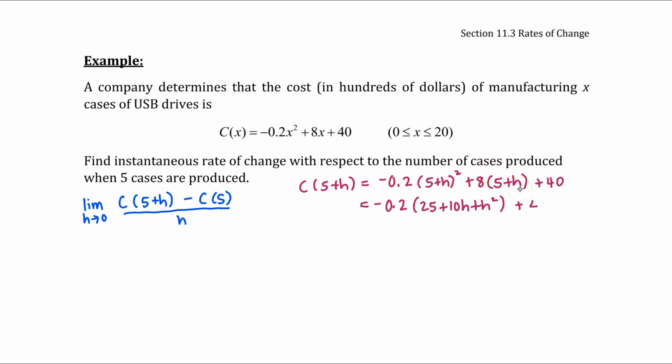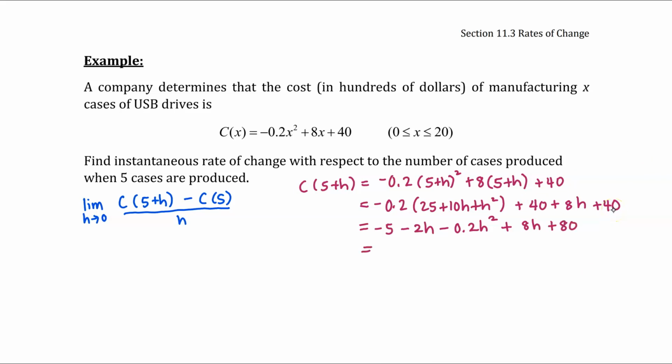So plus 40 plus 8H plus 40. Then distributing negative 0.2 to each term inside the parentheses here, we get negative 5 minus 2H minus 0.2H squared plus, then you write this 8H, and then 40 plus 40 is 80.